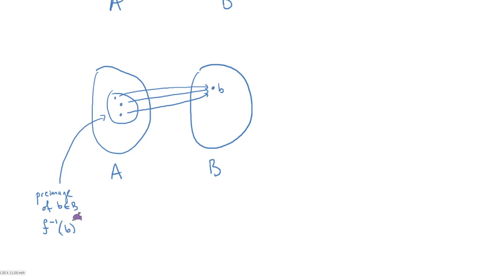In general, this is a set. You could write it in set builder notation: you're looking for the elements of A such that f of a is equal to little b. So I have a1, a2, and a3, and all of these get mapped to b. That is, f of a1 equals f of a2 equals f of a3.